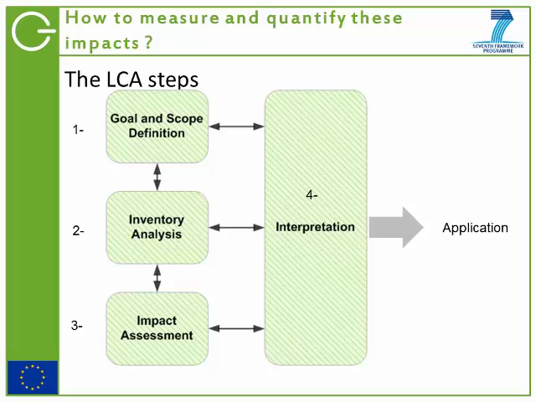The second step is an inventory of all the environmental inputs and outputs of the system under study. And the third step is the assessment of the inputs and outputs regarding the contribution to environmental impact. At any time during these 3 steps, you can interpret the results to apply the interpretation to your application.